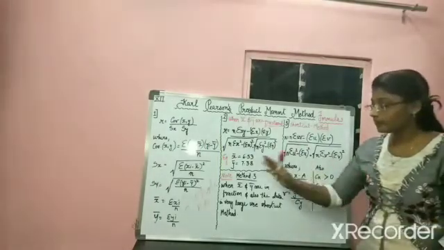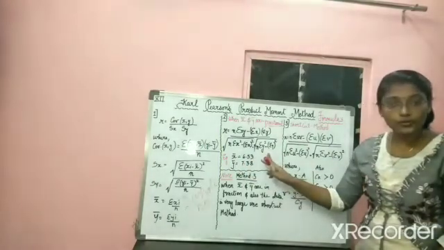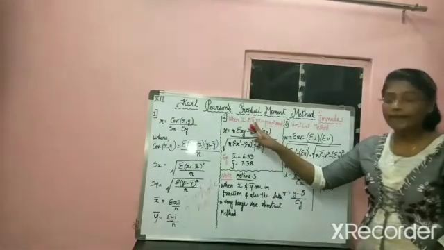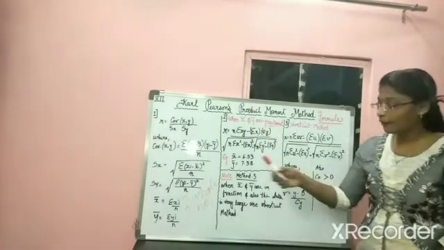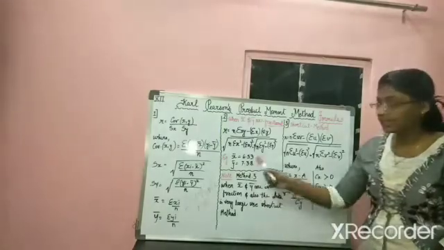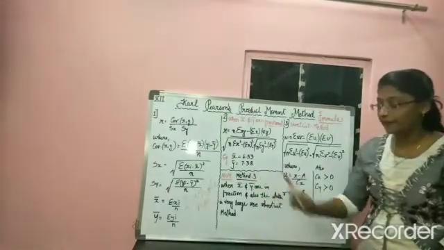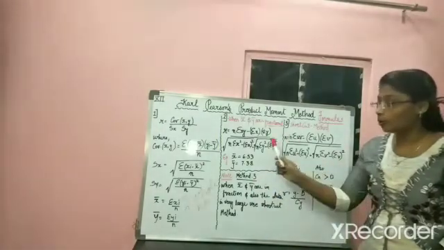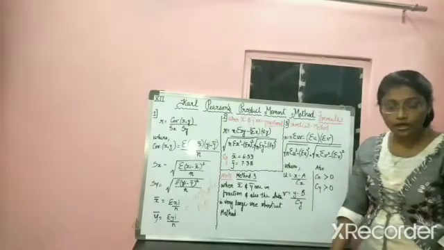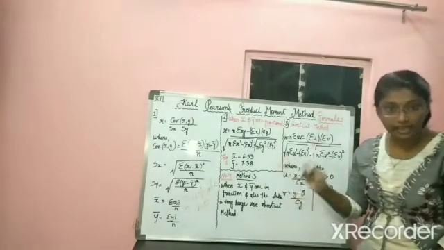Clear? You use this formula when your x bar and y bar show a fractional number. For example, if your x bar is 6.53 and y bar is 7.38, then you move on with this formula. You have to memorize this very thoroughly.